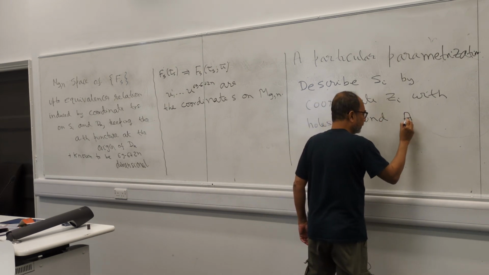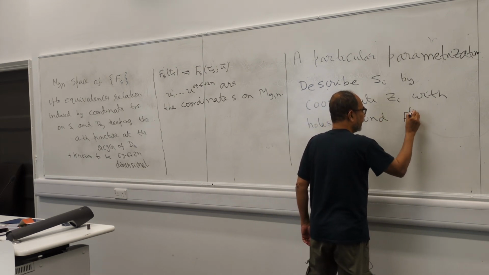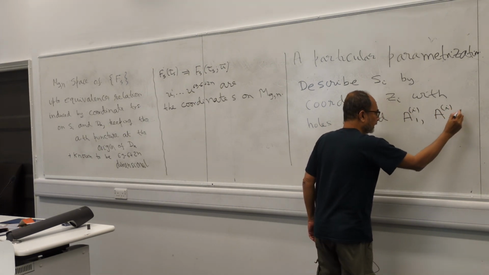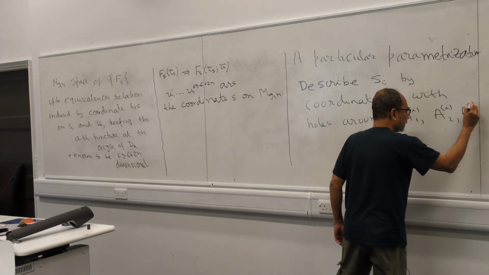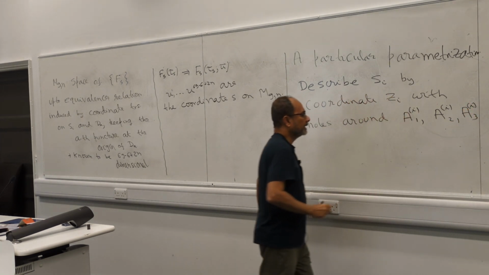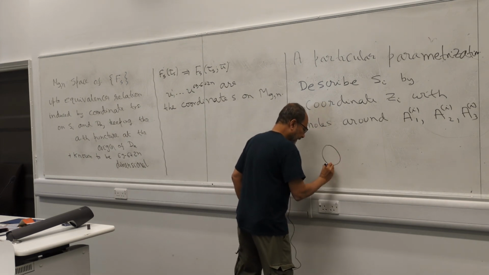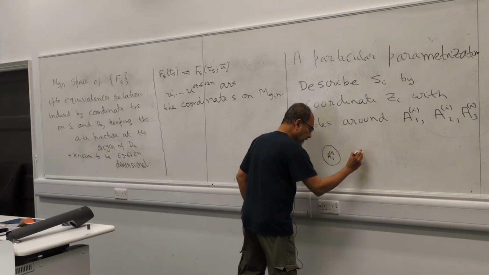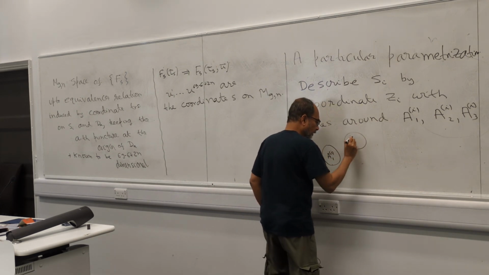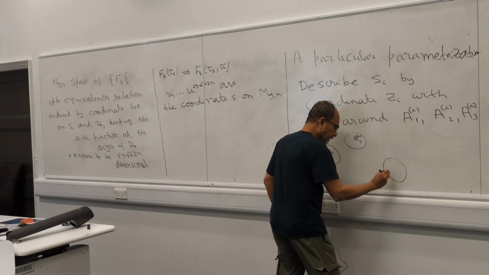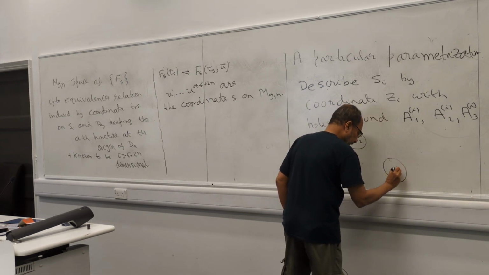Let's call them ai1, ai2, ai3. So the ith sphere, which you can represent as a complex plane, has a hole cut out around ai1, another hole around ai2, and another one around ai3.